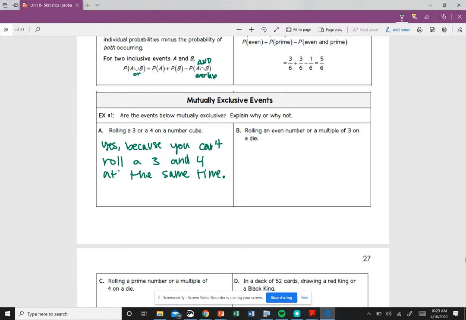Okay, let's look at this next one. Rolling an even number or rolling a multiple of 3. Okay, so are these mutually exclusive? So first off, what are the multiples of 3? 3, 6, 9. How many of those are on a dice? 3 and 6. Is 3 an even number? No. Is 6 an even number? Yes. So because of that, you can do these both at the same time. So these are not mutually exclusive. So the set of 2, 4, and 6 are even numbers.